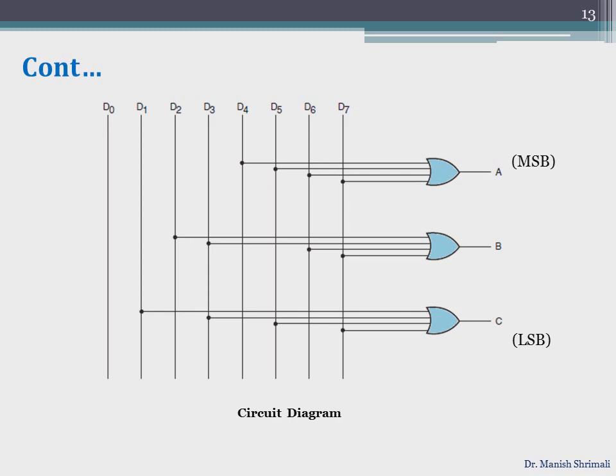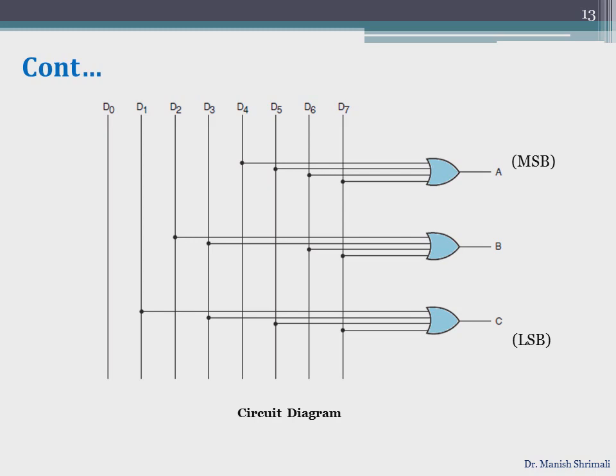Next, when D2 input is given, the middle OR gate is connected to the D2 input, resulting in the output code 010. When D3 input is supplied, D3 is connected to both the middle gate and the last one, so the output will be 011.